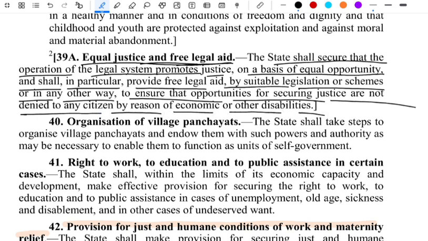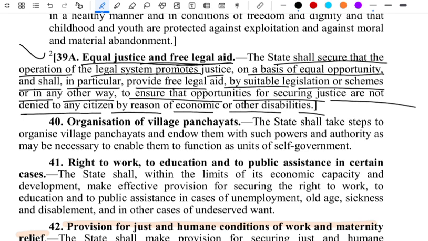So basically it is equal justice and free legal aid. That is a repeated question in exams, so you will find this question in almost every examination conducted by UPSC or any other state PCS examination.